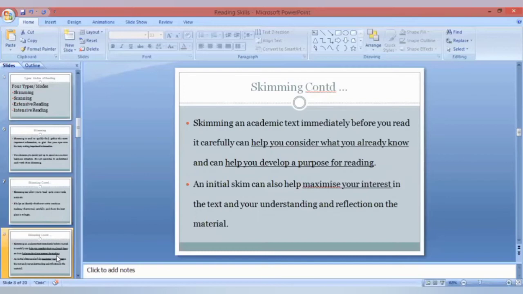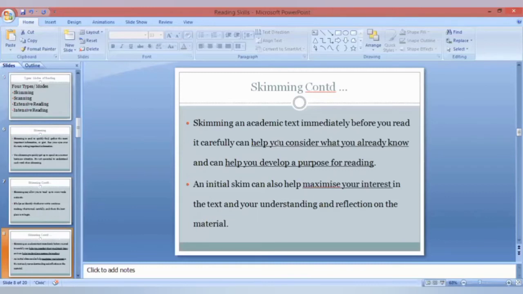The first, as you can see underlined here, is that it helps you consider what you already know. You try to match the text that you are reading with your existing knowledge, and you see whether you know anything about it already or not.